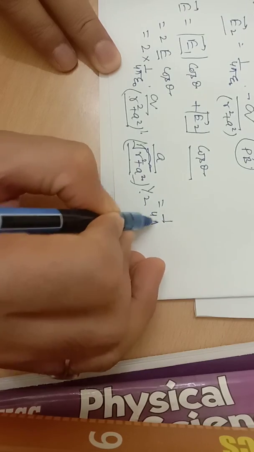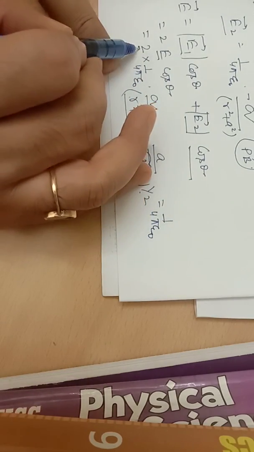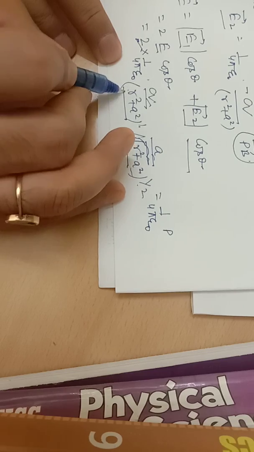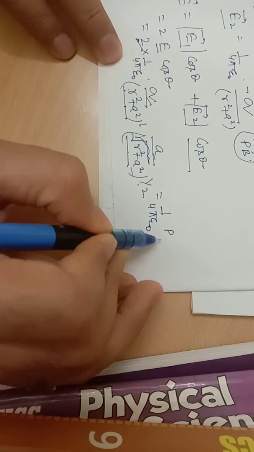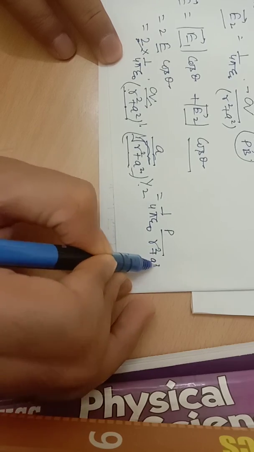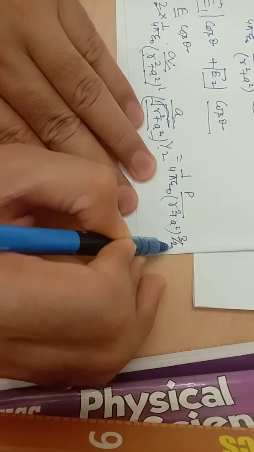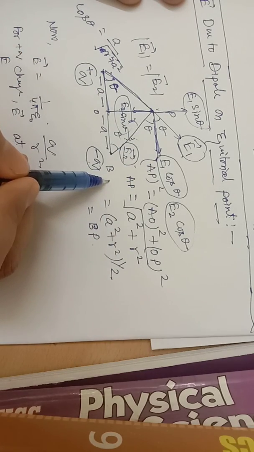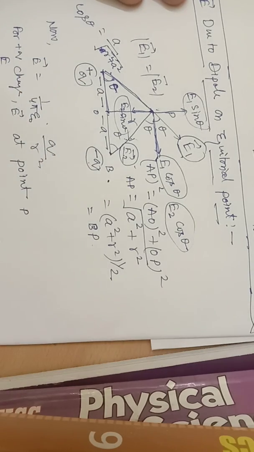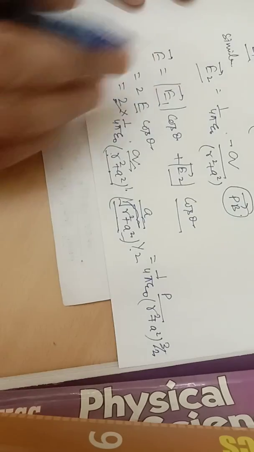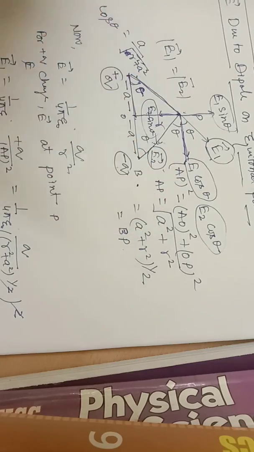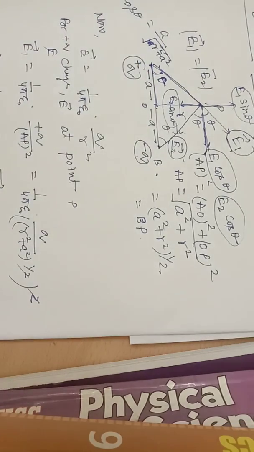So the net field is 1 upon 4 pi epsilon naught times 2Qa upon (r square plus a square) power 3 by 2, where 2Qa is the dipole moment p. And the direction, as can be understood from here, is parallel to the axis of the dipole, from plus q to minus q charge.